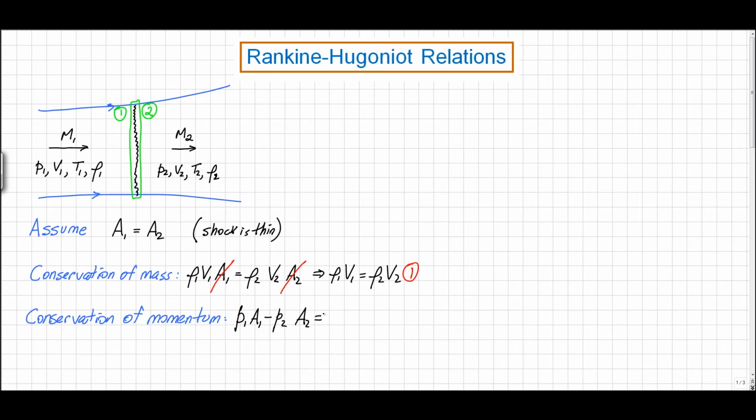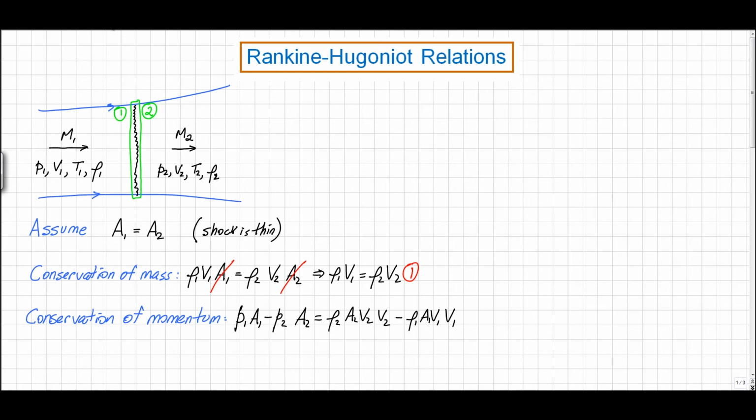So the mass flow leaving is going to be ρ2 A2 V2, and that's carrying with it velocity V2. What's coming in is mass flow ρ1 A1 V1, carrying with it velocity V1.